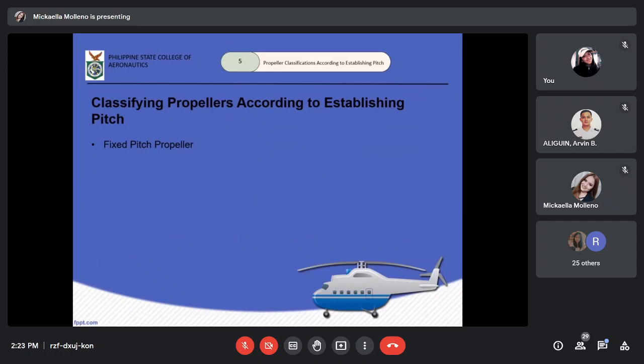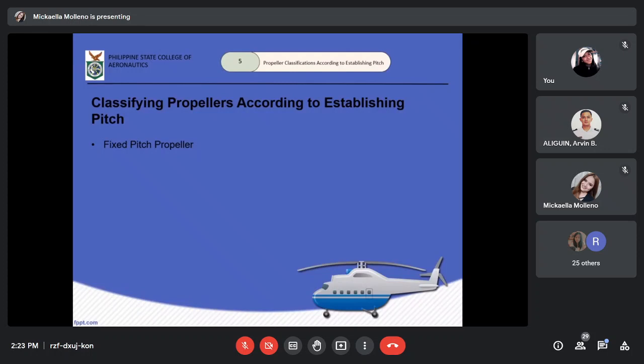So, the first one is fixed pitch na propeller. From the name itself, once the propeller has been built as one piece, the blade angle can no longer be changed. It is made as a whole.